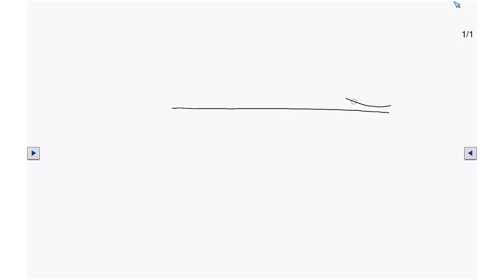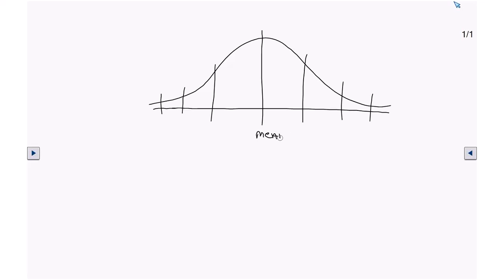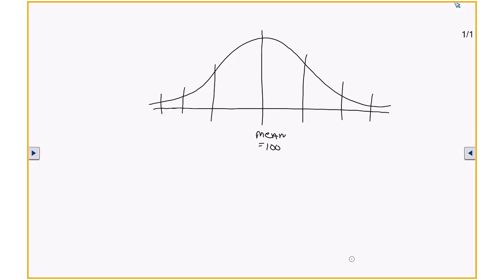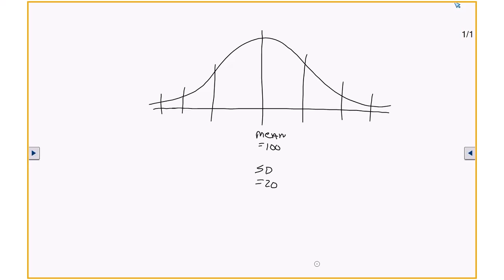The empirical rule says that the mean is in the middle. The mean is right here. Let's say the mean is 100. Whatever the mean is equal to, you put it in the middle. And then you add the standard deviation. Let's say the standard deviation is equal to 20. And I just made those 2 up.